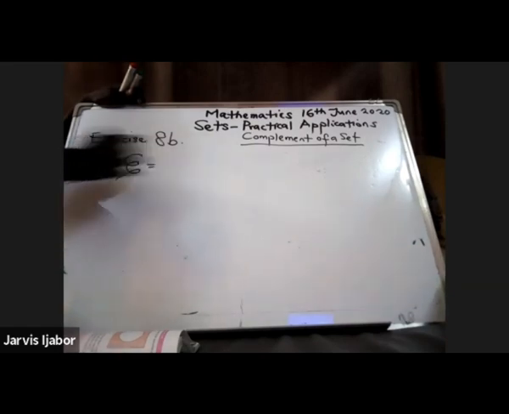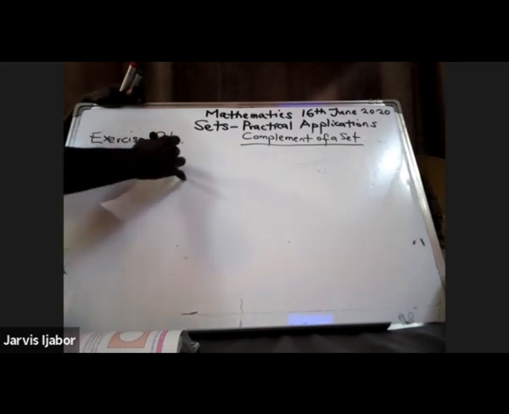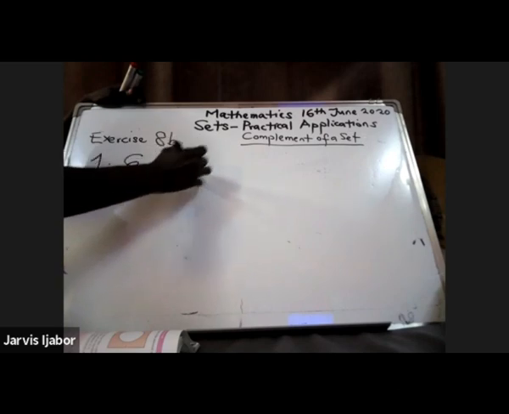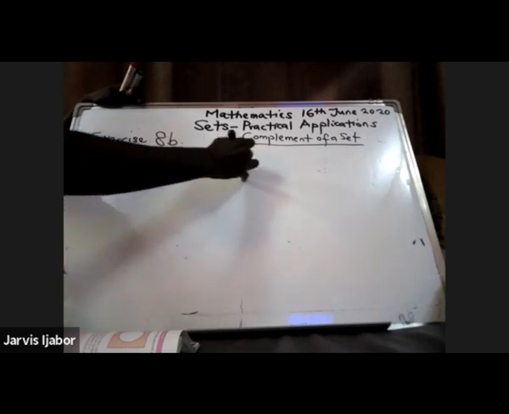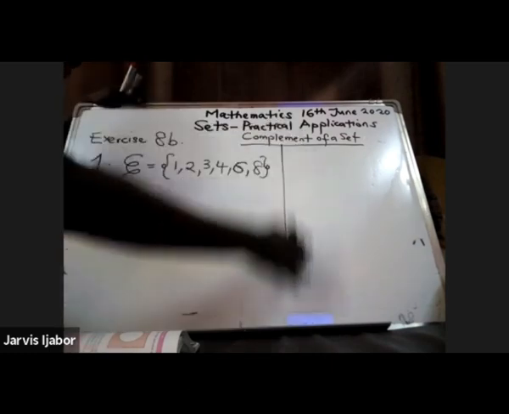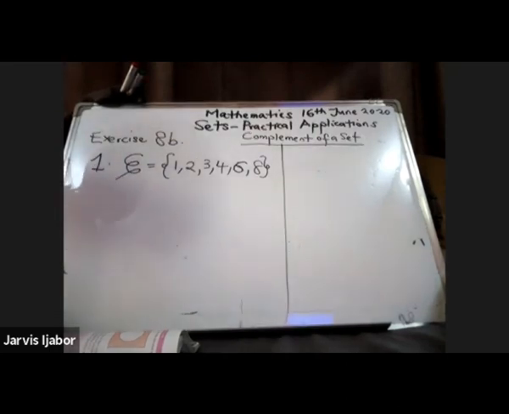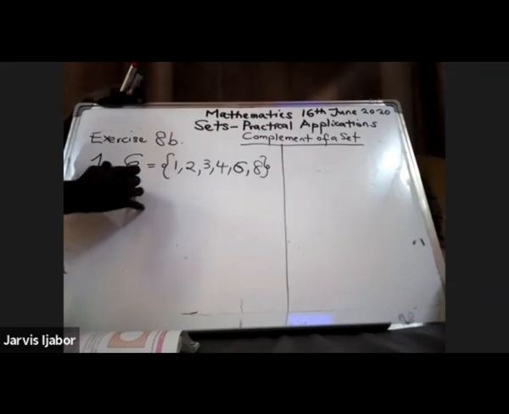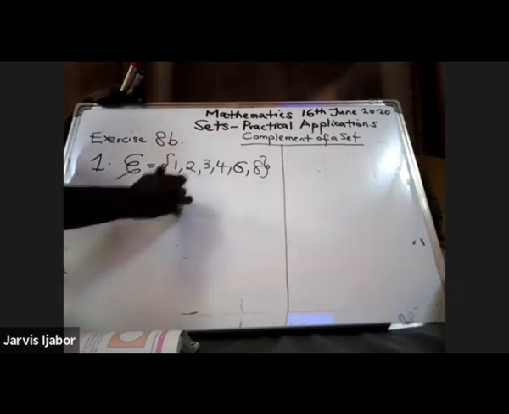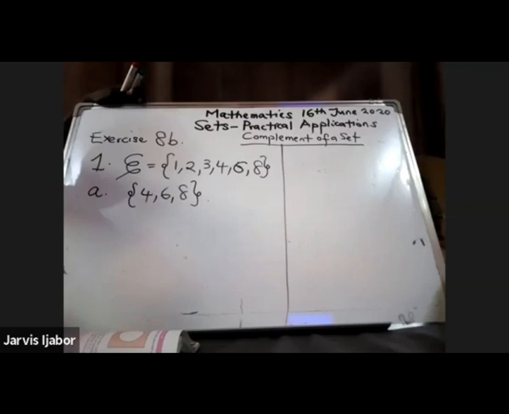So the universal set in this question is given as 1, 2, 3, 4, 5, 6 rather, and 8. Now, number A, what's the complement of that set? The complement will be 4, 6, and 8. The elements that are not there.